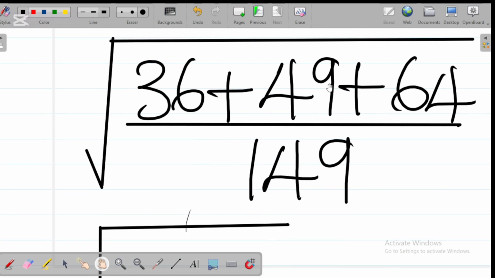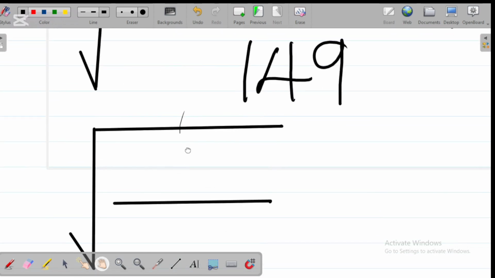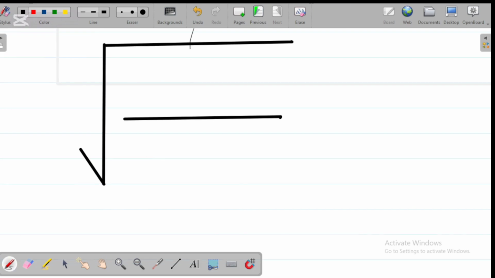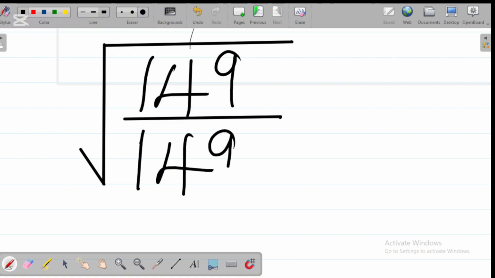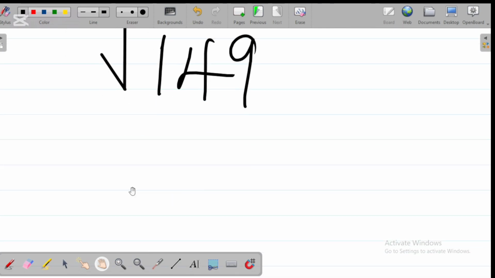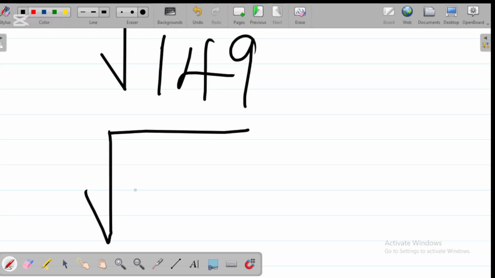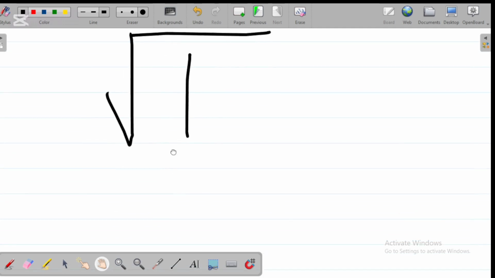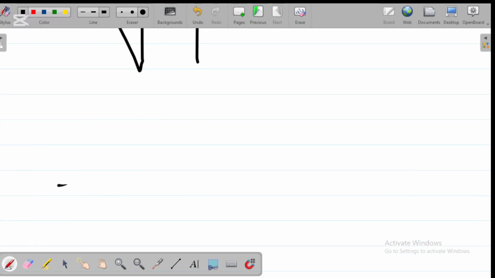Kindly punch your calculator. 36 plus 49 plus 64 is 149, divided by 149. Remember, 149 is our denominator. So here we have 149 divided by 149 is 1. And the square root of 1 is 1.